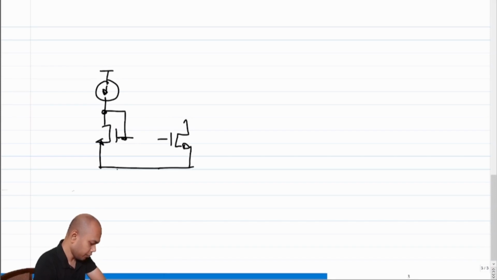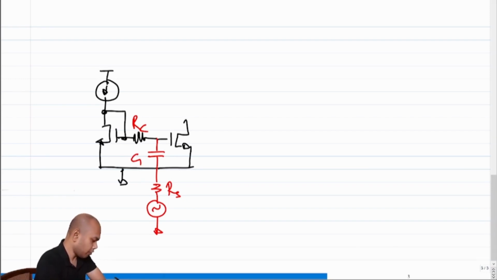And because this was biased using a current mirror and we wanted to feed the input, we had to ensure that the input is AC coupled. So this is RC, this is RS, this is C infinity, or we can call this C1 or C infinity, it really doesn't matter.